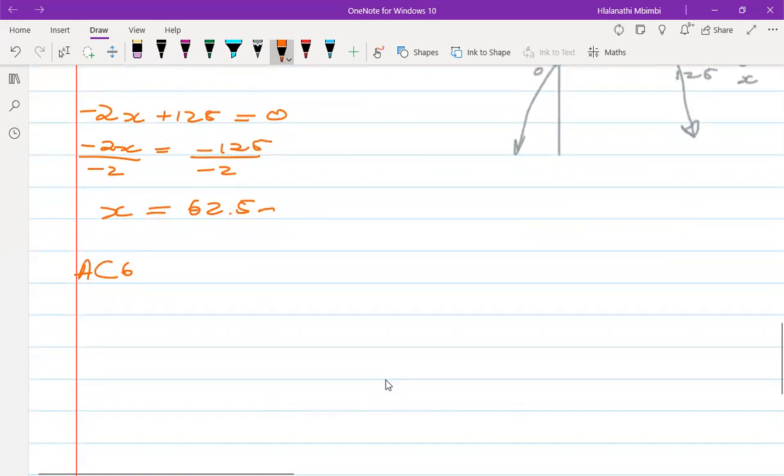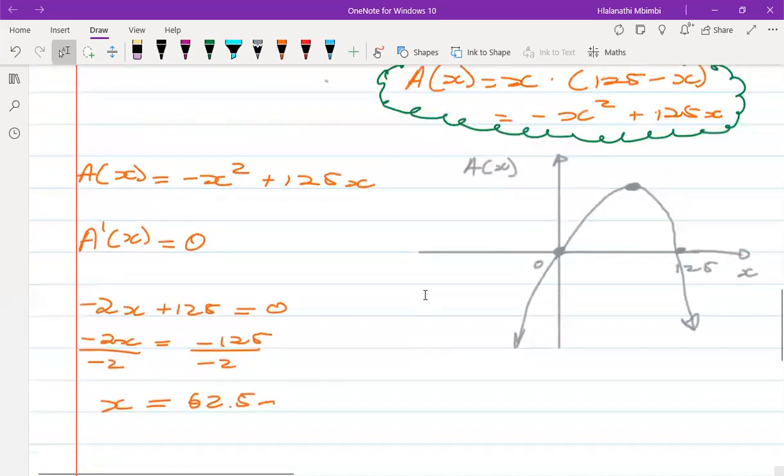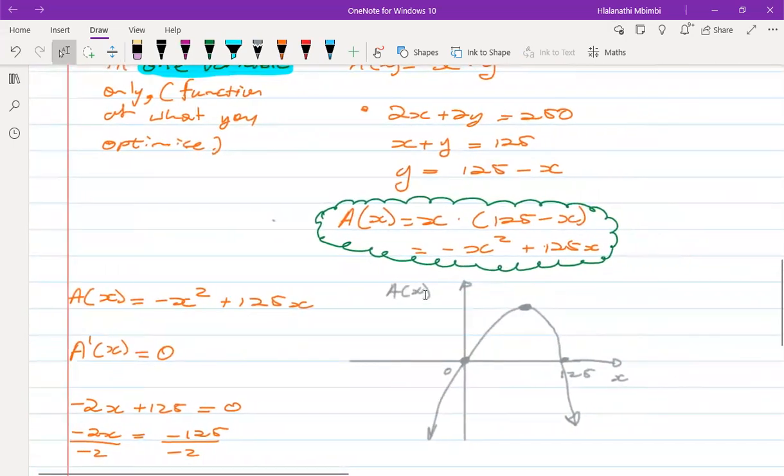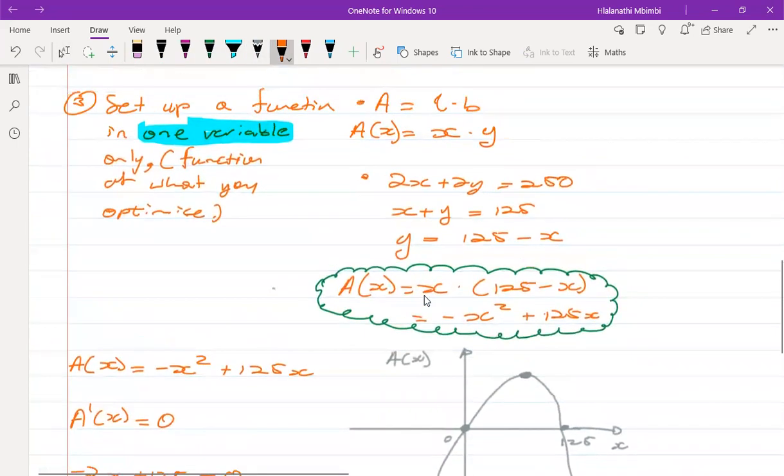So you put this 62.5 to your original function. Oh, maybe. Sorry. I forgot something here. So now you've established this was step 3.